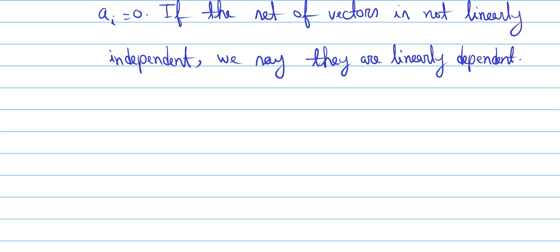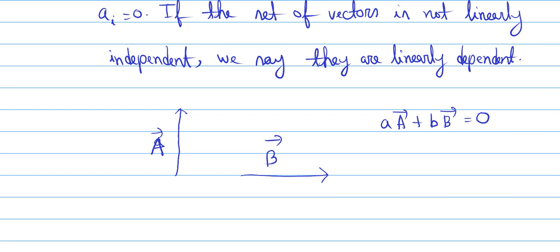If you have a vector in the upward direction and another vector in the horizontal direction, let's write them as capital B and capital A. If I write a linear combination of these two vectors and I want to find the null vector, that is just a point, there is no magnitude of a null vector.